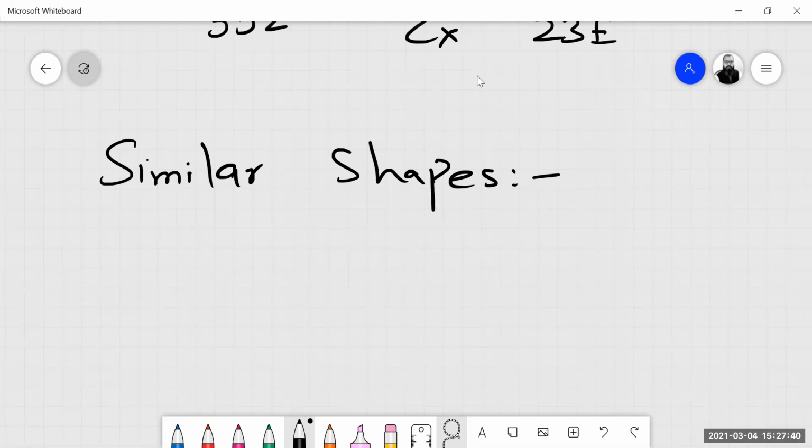If the angles are equal and only the lines are increased, only the lines are expanded, this is called a similar shape. These shapes are similar, their corresponding angles are equal.